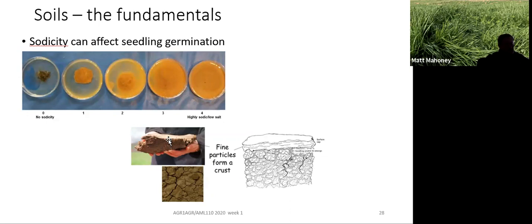Very, very bad for germinating crops and pastures. And that's just an example of after it's dried out a bit and it starts to crack, that flat, crappy structure caused in sodic soil.